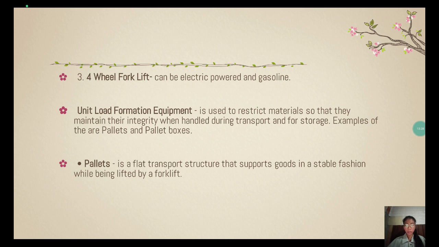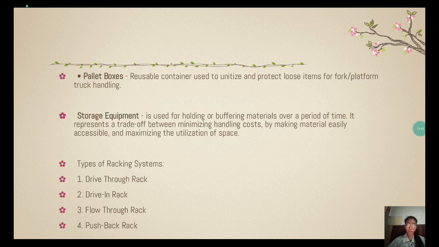It is a flat transport structure which supports goods in a stable fashion while being lifted by a forklift, a pallet jack, a front loader, a jacking device, or an erect crane. Pallet boxes are a heavy-duty corrugated cardboard solution for the transportation and storage of bulky products.